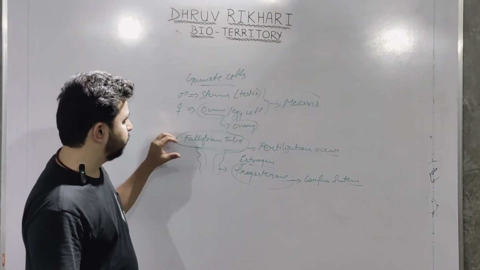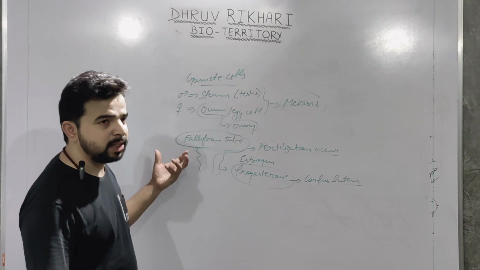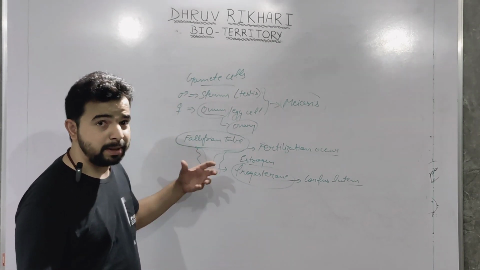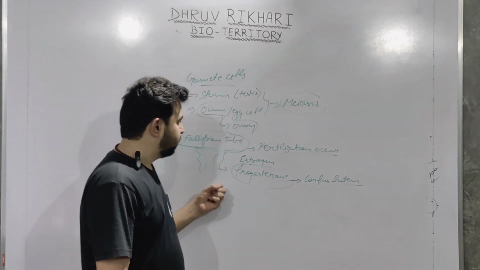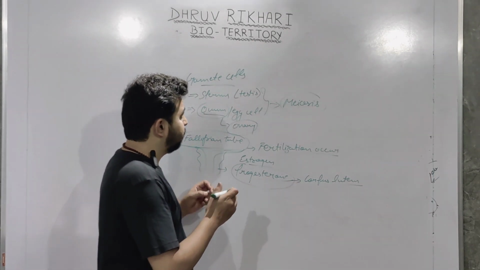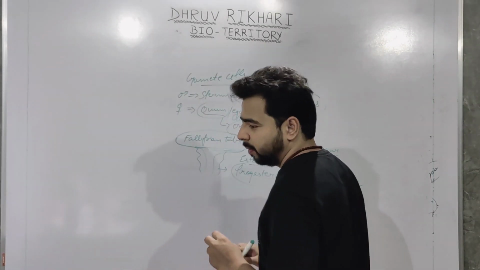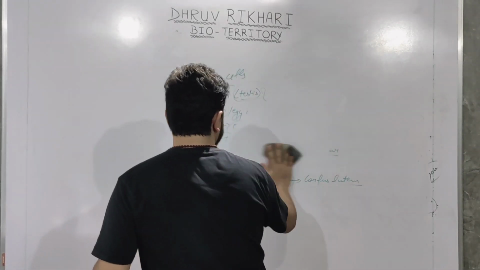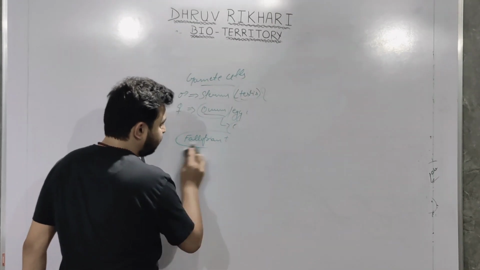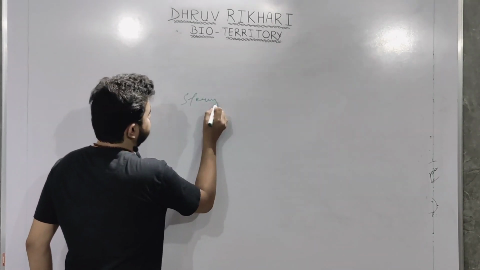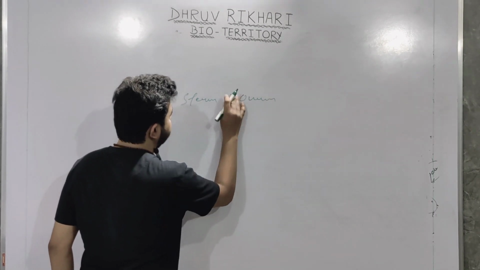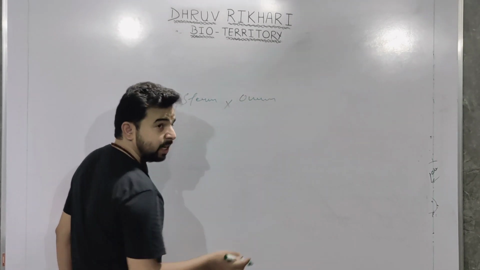So I hope you are now able to understand what is sperm, what is ovum, and what are the hormones which are being secreted, right? So these two reproductive cells, when they fuse, right? Here we talked about if the sperm reaches the ovum, it will be the act of fertilization.